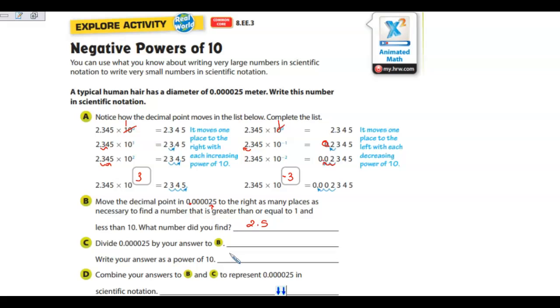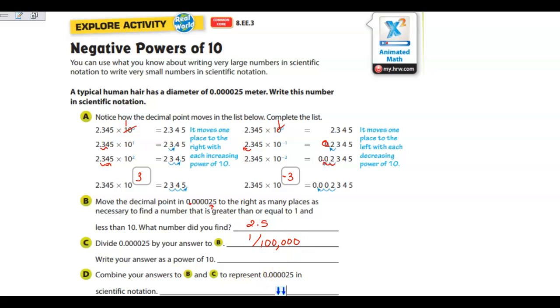Now, if I take that 2.5 and I divide it into the 25 millionths, so we're going to take our 25 millionths, that has 1, 2, 3, 4 zeros, 25, and divide it by 2.5, I get 1 and 1, 2, 3, 4, 5 zeros.